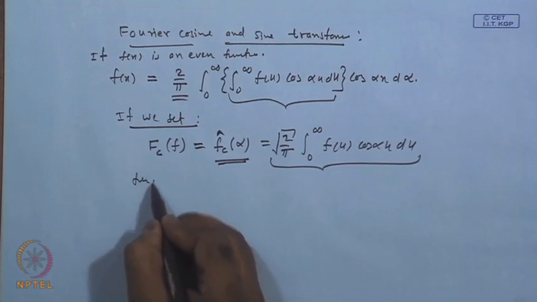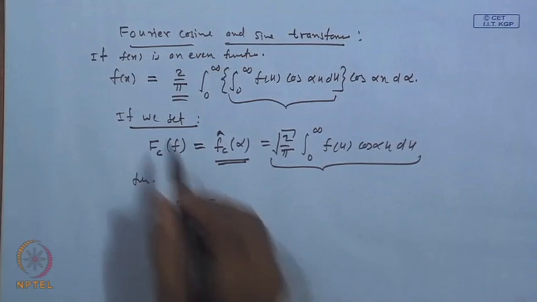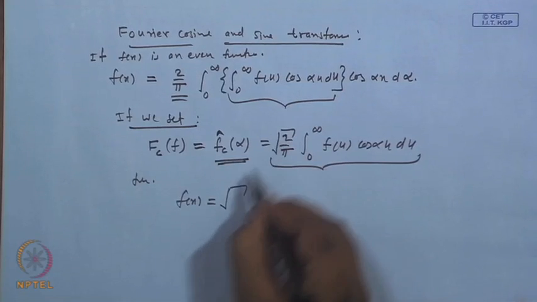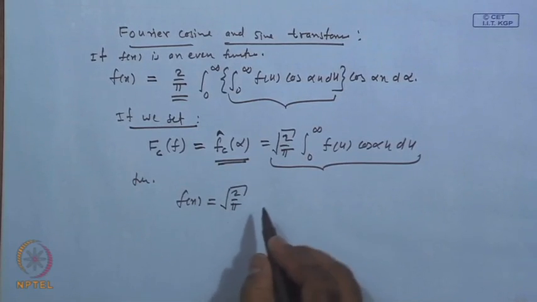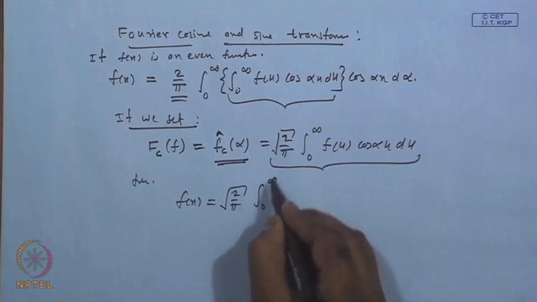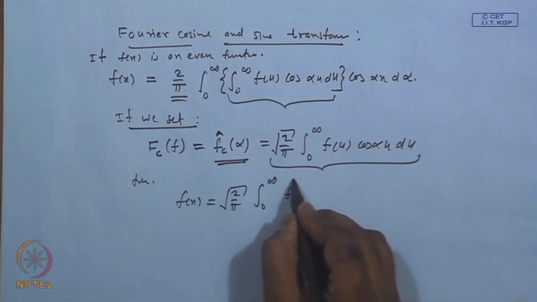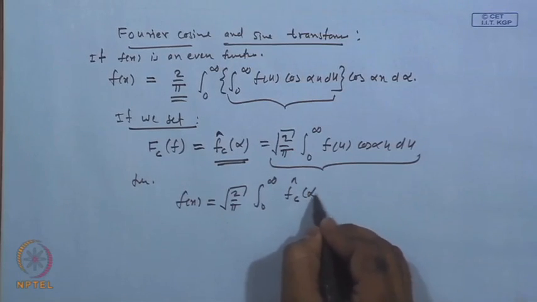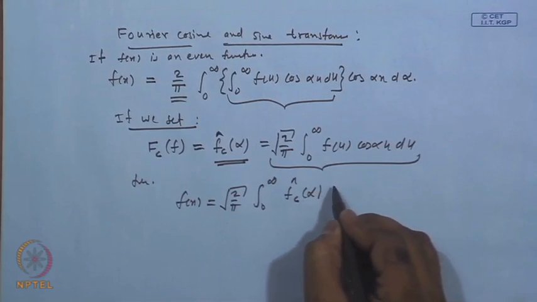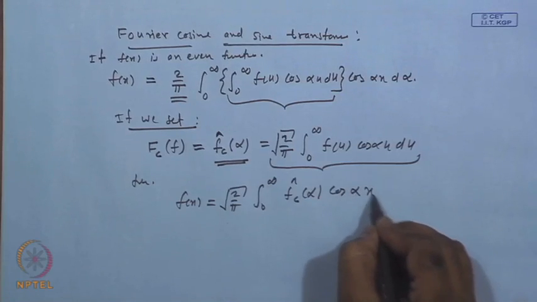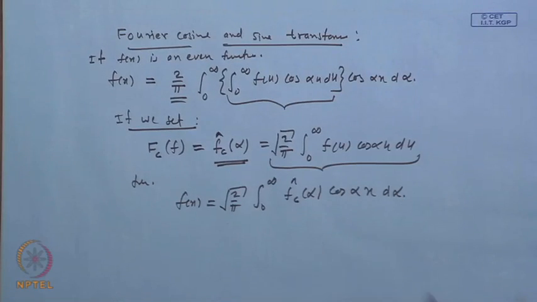And then f x is equal to again the same factor left over there, 0 to infinity, f hat c alpha and cos alpha x d alpha.